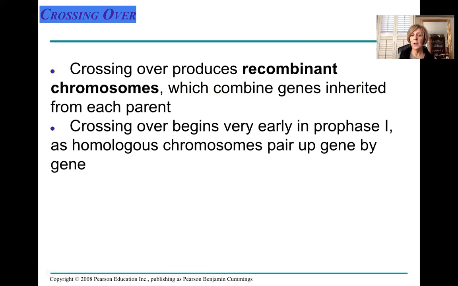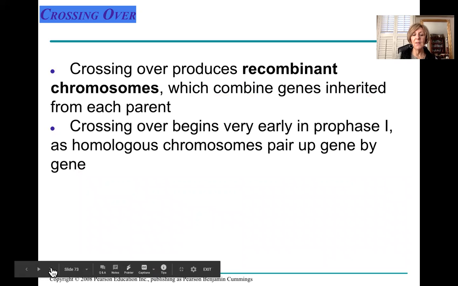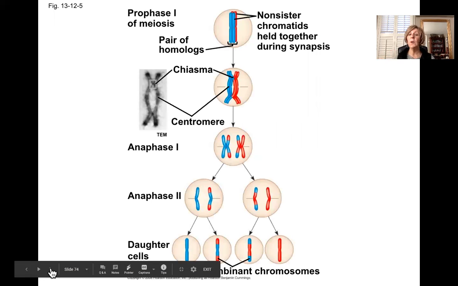Crossing over gives us a lot more variation, because we have pieces of DNA that are exchanged between non-sister chromatids, and that's going to happen during prophase 1 of meiosis 1, and we've seen this before, right?